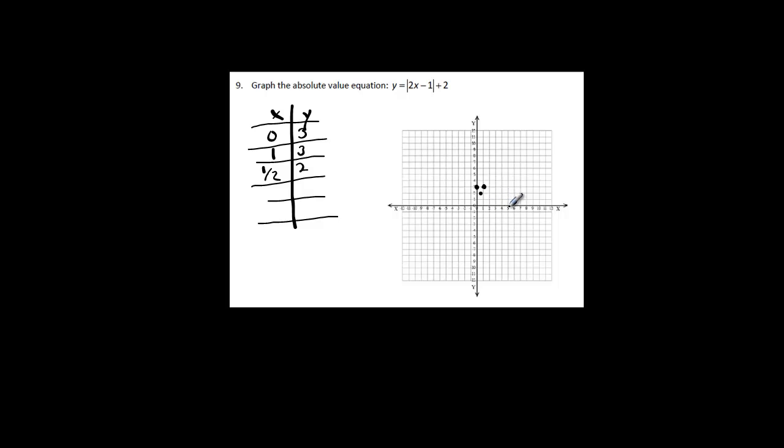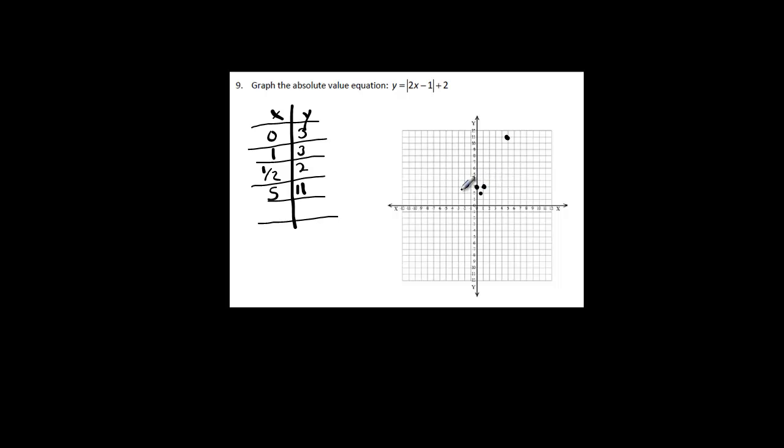So let's find a point that's pretty far away. So let's let x be 5. 2 times 5 is 10. 10 minus 1 is 9. 9 plus 2 is 11. So 5 comma 11. So the point symmetric to that, let's see, is 4 units to the right of this point.